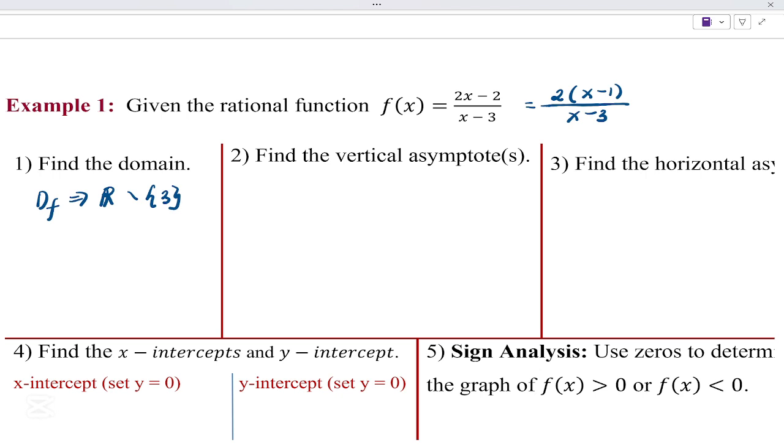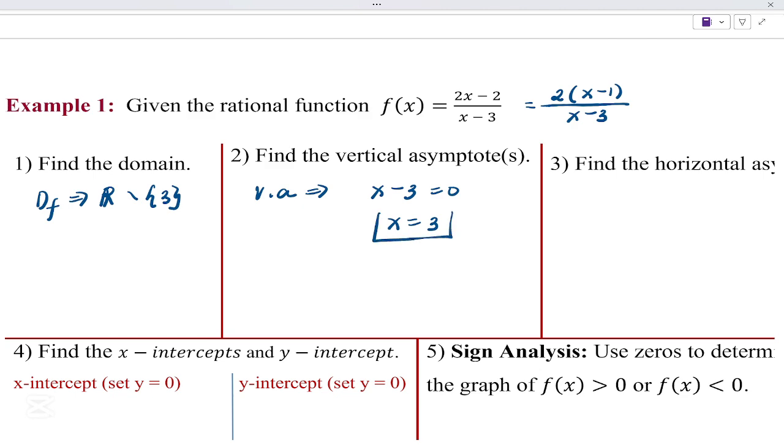And then to find the vertical asymptotes, since there is no common factor in this rational function, the vertical asymptotes appear when the denominator is 0, or vertical asymptotes are the zeros of the denominator. So that is x equal to 3.